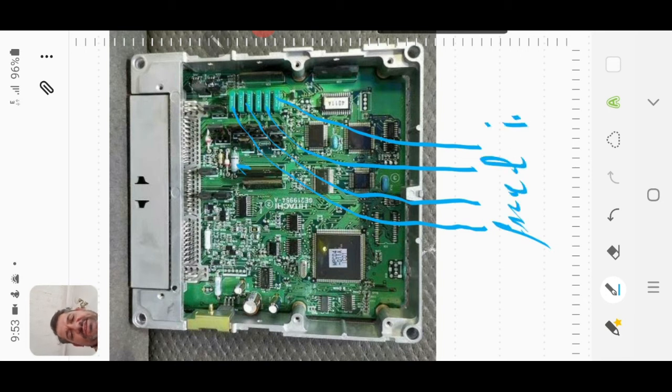Fuel injector capacitor, filter capacitor, 1, 2, this is 3, this is 4, 5 and 6. This is a 6-cylinder engine. 3 ignition, 3 injector, this 3, this is 6 total. These are the 6 capacitors for the injectors.